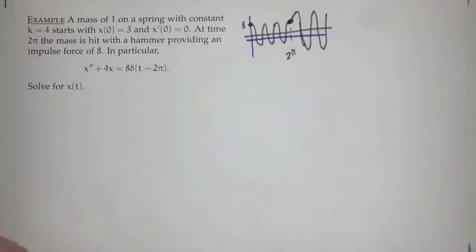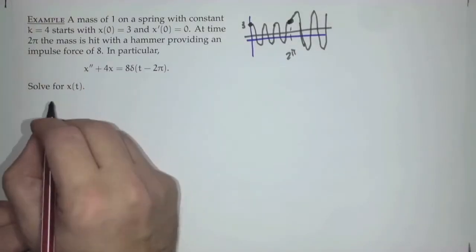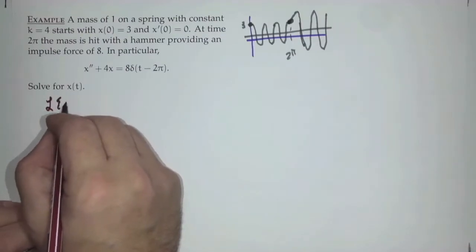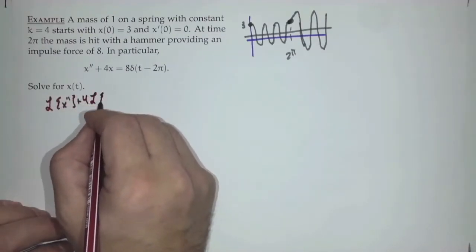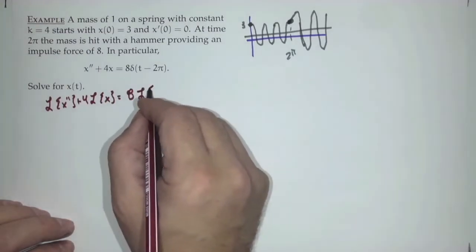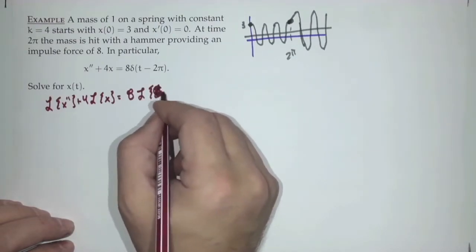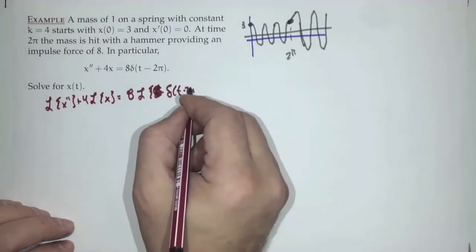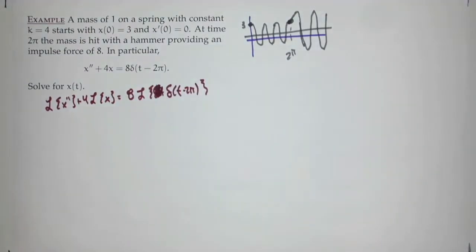Same ideas. So first step, take the Laplace transform. Laplace transform of x double prime plus 4 Laplace transform of x equals 8 Laplace transform of the delta function t minus 2 pi. All right. Let's go through it term by term.